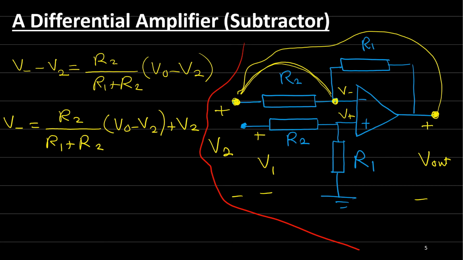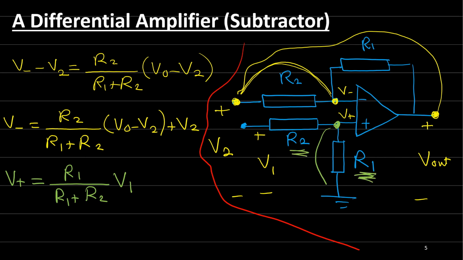Now V plus equals how much? V plus, again from this, equals R1 over R1 plus R2 times V1. So the voltage here is R1 over R1 plus R2 times the whole voltage, which is V1.